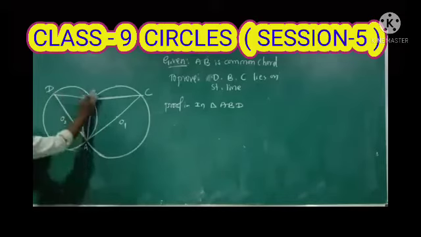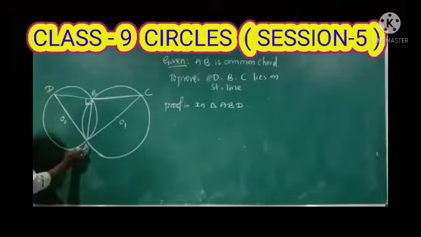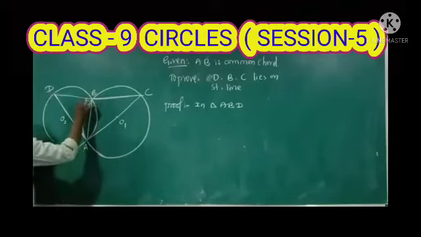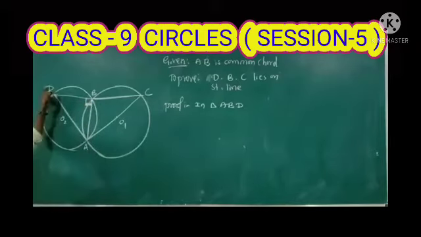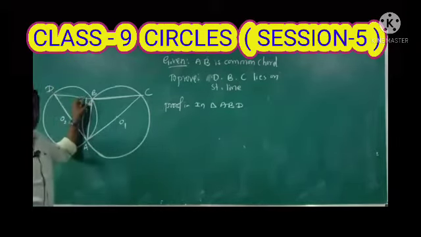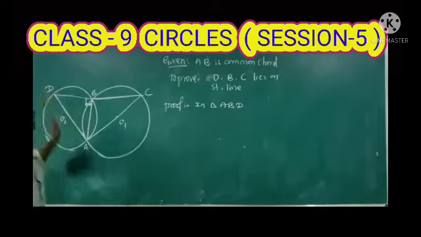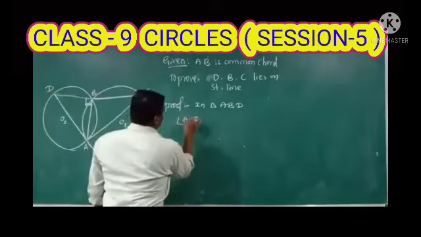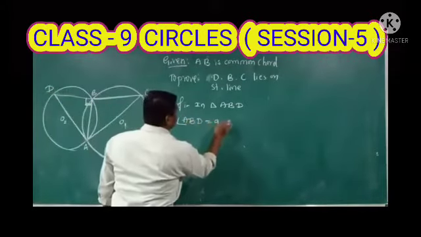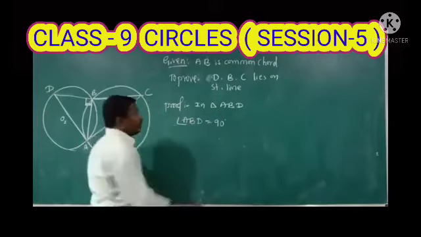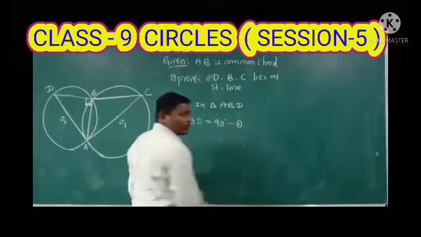This is half of the circle, no? If AD acts like a diameter, it means half of the circle, and angle ABD is forming in the semicircle, so angle ABD is equal to 90 degrees.